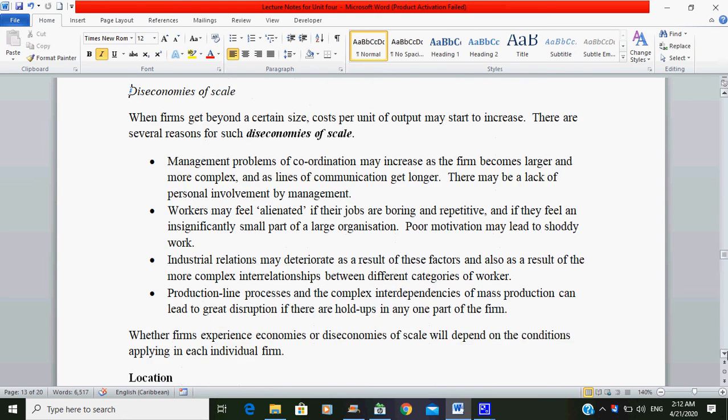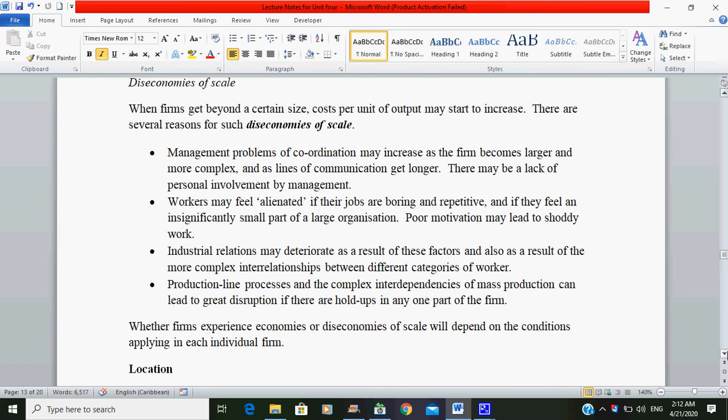Reasons include management problems of coordination, which may increase as the firm becomes larger and more complex, and as lines of communication get longer. There may be a lack of personal involvement by management. Another one, workers may feel alienated if their jobs are boring and repetitive, and if they feel an insignificantly small part of a large organization.